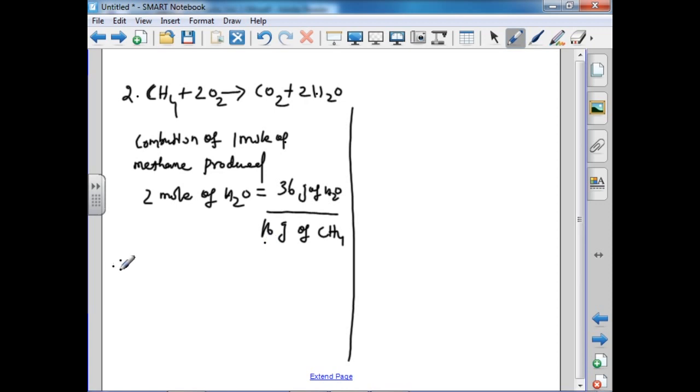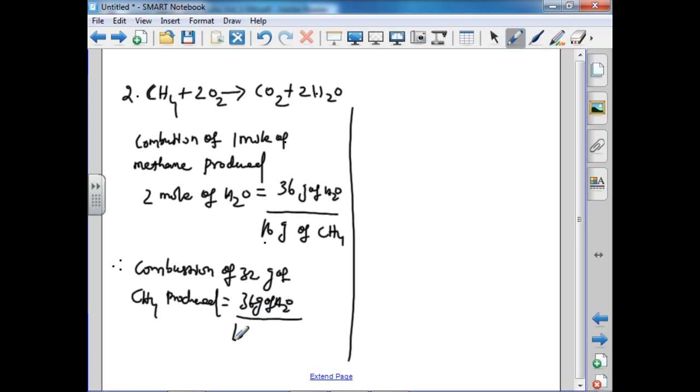Therefore, combustion of 32 gram of methane produced 36 gram of H2O divided by 16 gram of CH4 multiplied with 32 gram of CH4.